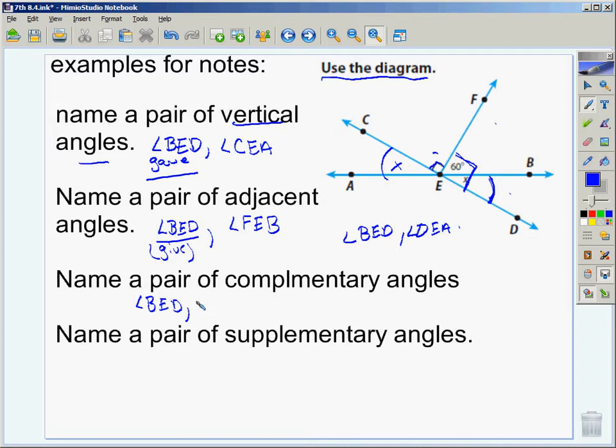Angle BED, right? This angle, and FEB. I know that if I add those two together, they'd be equal to what? 90 degrees. Everybody with me? See how I got it? If these two add up to 90, how big would this x be?